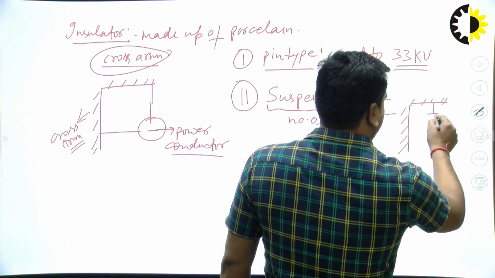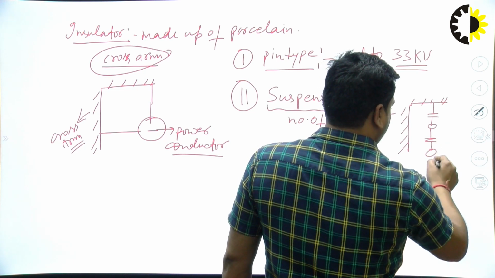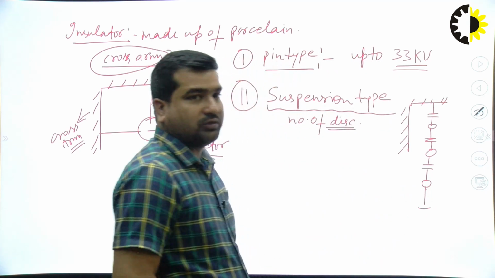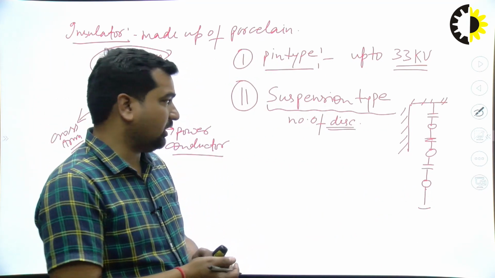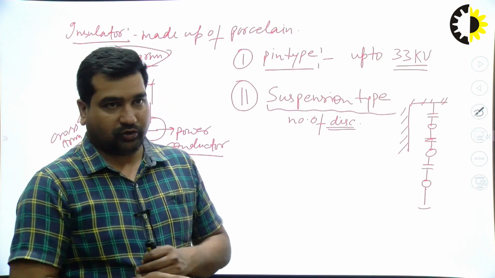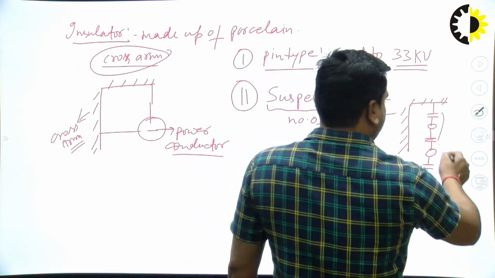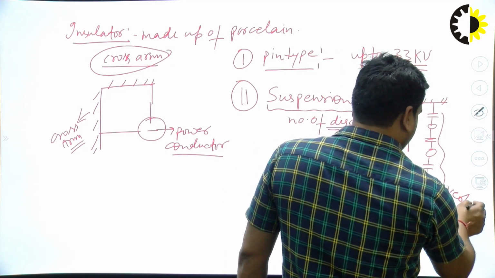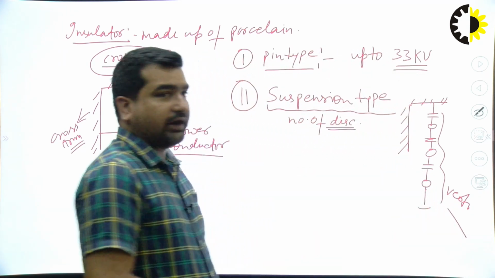Here it is disc 1, disc 2, disc 3, and so on. These are the discs used in the suspension type. It is a collection of discs hinged with the cross arm, connected vertically.